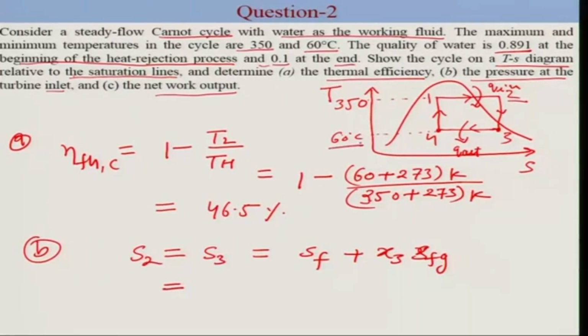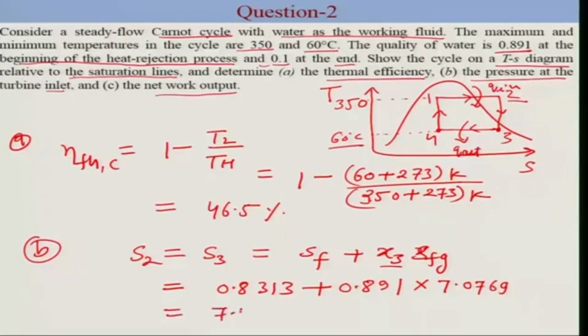So, at this temperature from the saturated water table we get SF equal to 0.8313, quality is given 0.891 at state 3, 0.891 into 7.0769. Okay. So, after solving it we get 7.1368 kilojoule per kg Kelvin.